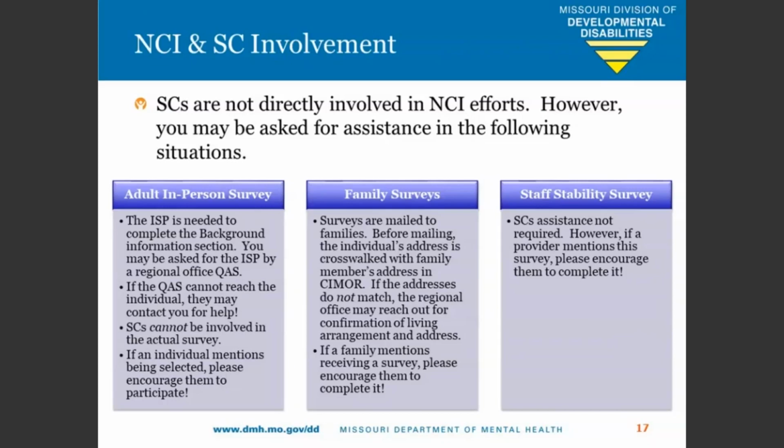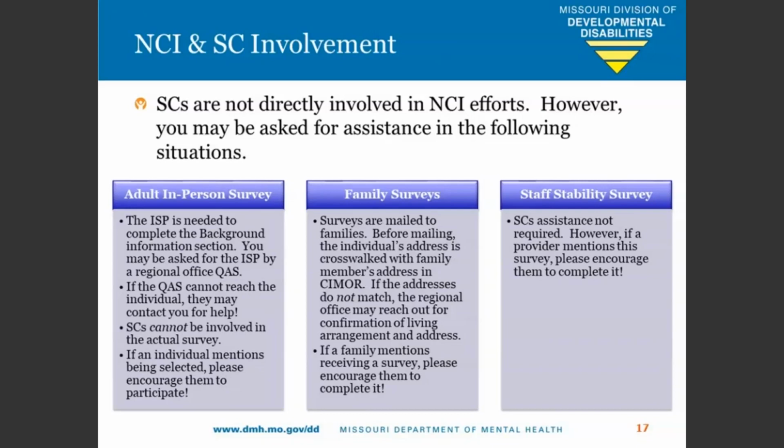Also, with the staff stability survey, that is the one that is sent to providers. There really is not a situation in which a support coordinator would be asked for help with that survey.